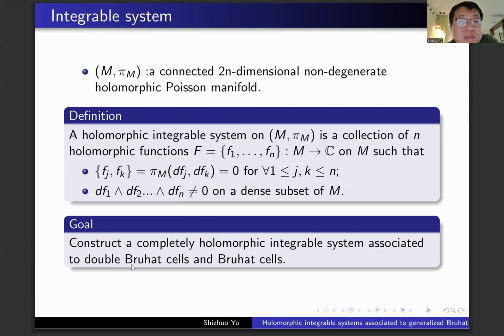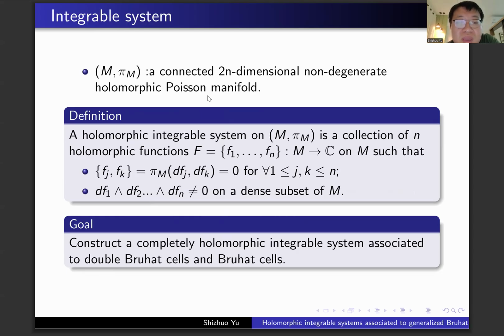And it is the definition of the integrable systems in my talk today. It means that here M is a 2n-dimensional non-degenerate holomorphic Poisson manifold.